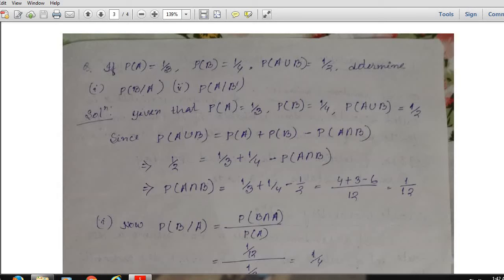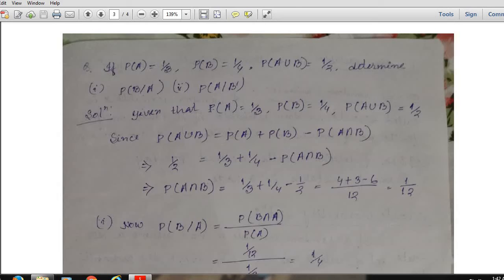Using the addition law of probability, we get probability of A union B is probability of A plus probability of B minus probability of A intersection B. Here notice that A and B are any events, therefore we use this. After calculating, we get probability of A intersection B is 1 by 12.